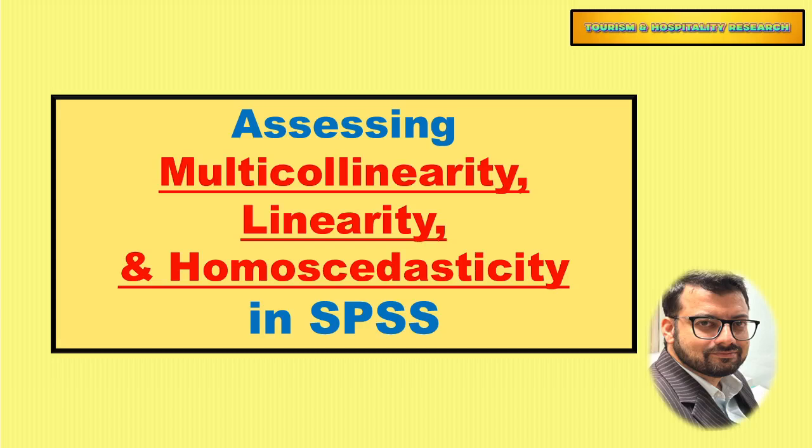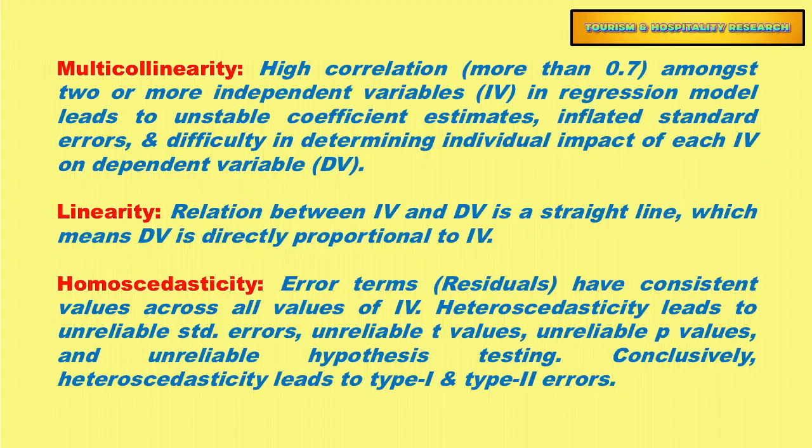So today I am going to show you how to assess the multicollinearity, linearity and homoscedasticity of the variables in SPSS. So first of all, we will try to understand what these three terms mean. Multicollinearity represents high correlation, which is more than 0.7.